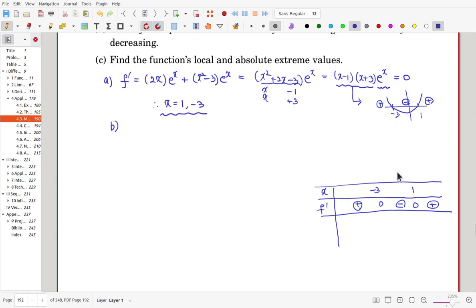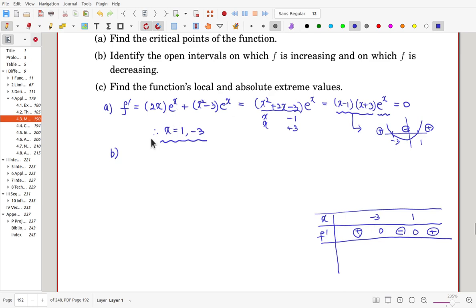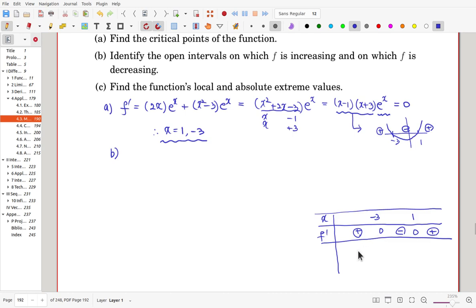We checked here, and so we did for the second part, so that on the interval minus infinity to minus 3, f is increasing, it's monotonic, and between minus 3 and 1 f is decreasing, so that we can say again the behavior of f is now increasing, now decreasing, and again increasing, like that.